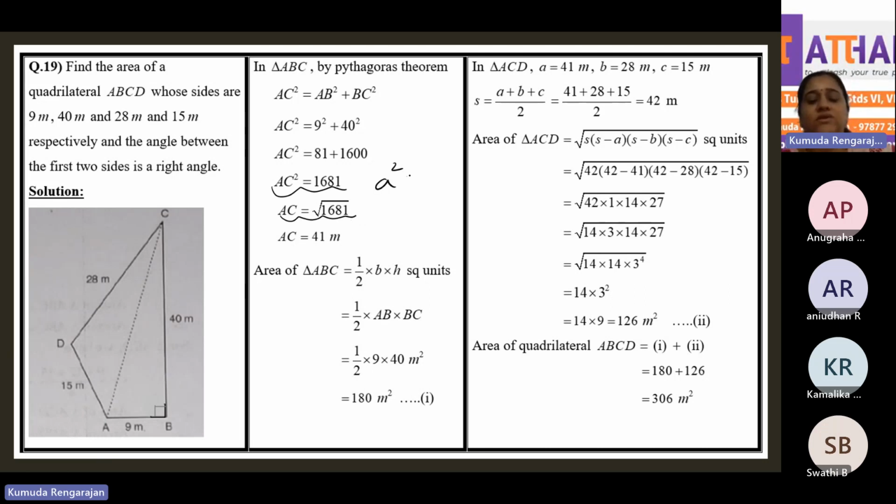Like A square is equal to 100, A is equal to square root of 100. Here you just have to cancel 20 into 9 to get 180. And we found AC using Pythagoras theorem. This is 41. So again, use Heron's formula and find the area of the other triangle. Add both to find the area of the quadrilateral.